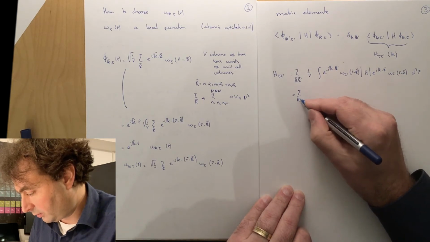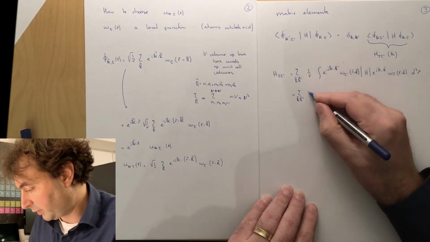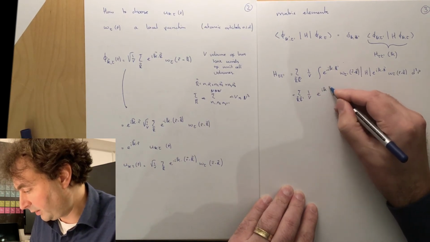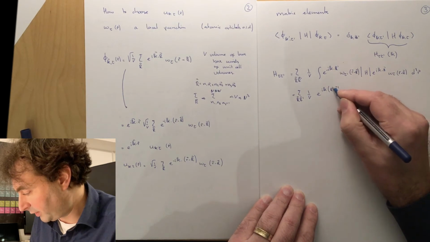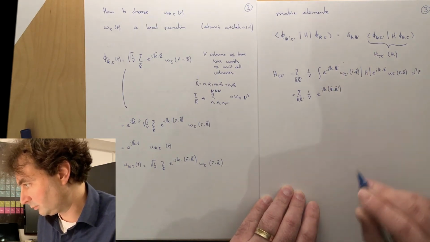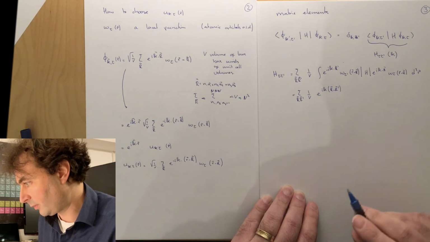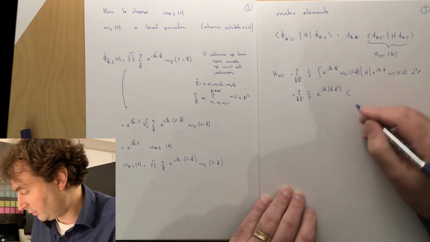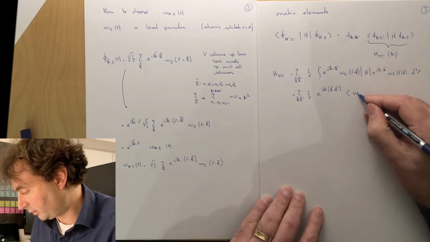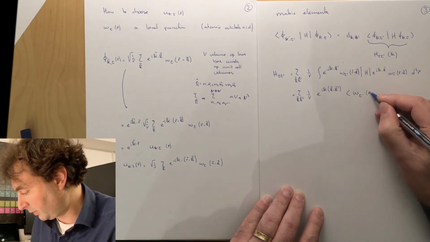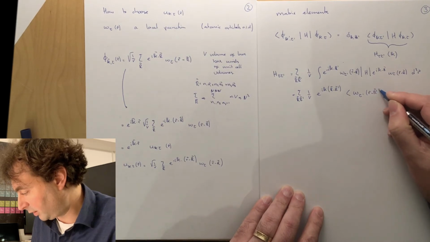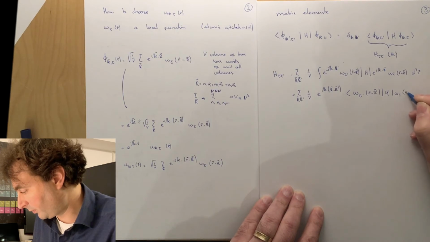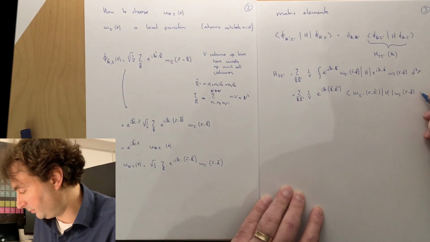This is the sum over r prime, 1 over V, e to the i K dot (r minus r prime), and then we can use a bracket notation here: omega tau prime (r minus r prime) H omega tau (r minus r).